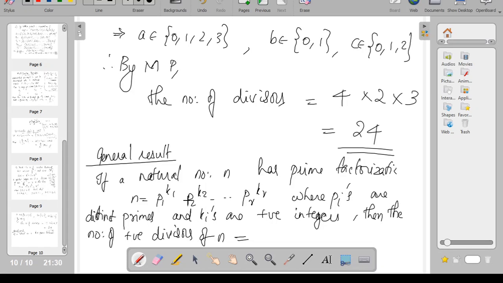Second, p2 can occur in k2 plus 1 ways, and the last one, pr, in kr plus 1 ways. So the number of divisors will be the product of ki plus 1, where i varies from 1 to r. So that is the general result.